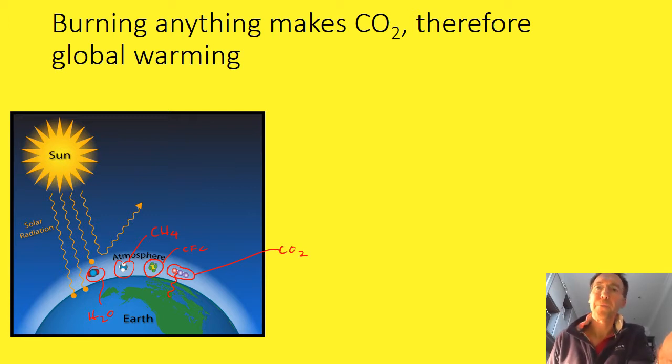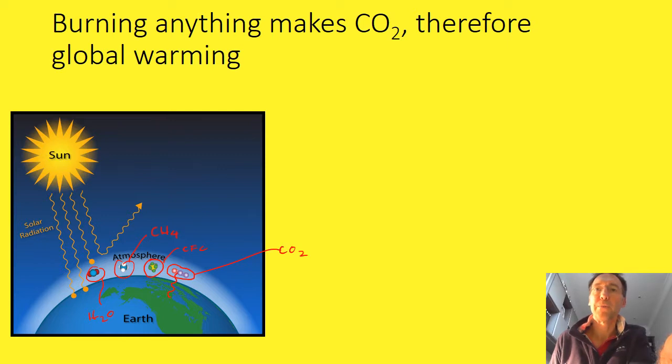And it just so happens that the bond energy of a carbon-oxygen double bond in a carbon dioxide molecule is just the right energy for the infrared that's coming off the planet. Okay, so those bonds in carbon dioxide molecules, and in fact water and methane molecules as well, happen to absorb the infrared radiation that's coming off the planet that would otherwise go out to space.